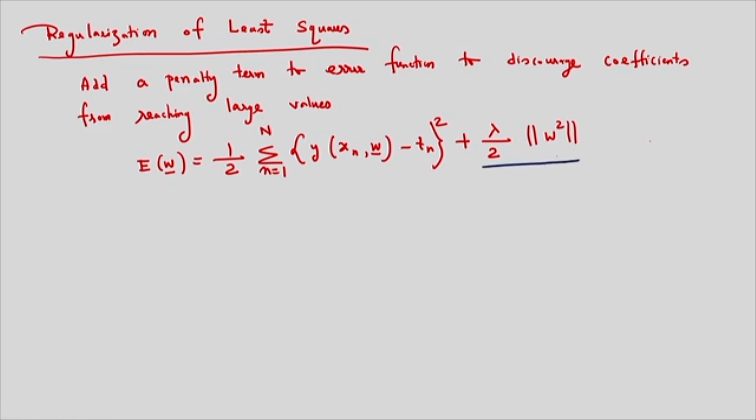So this is the penalty term. So what is the meaning of this lambda? Lambda determines the relative importance of the regularization term to the error term.